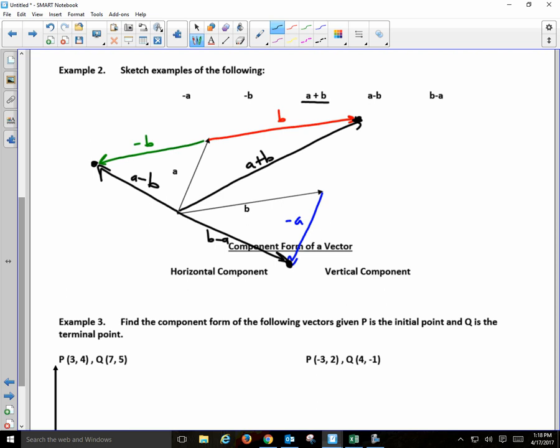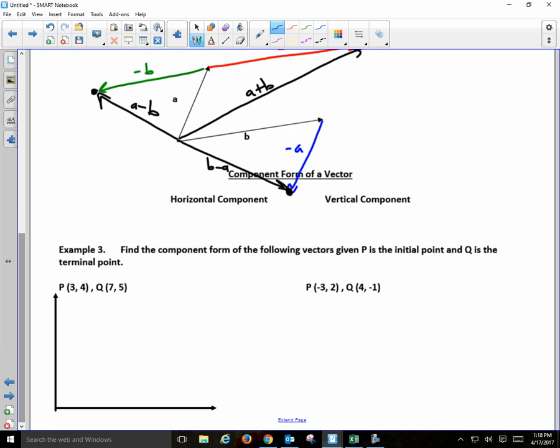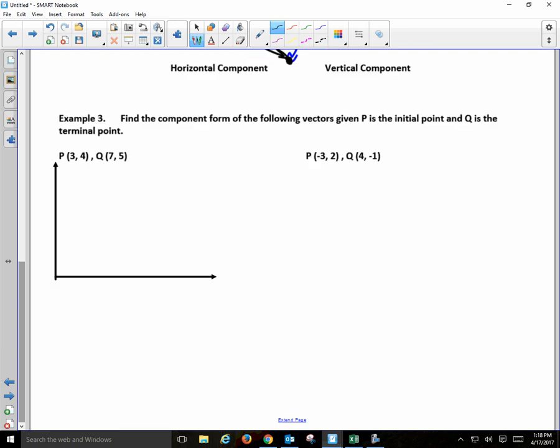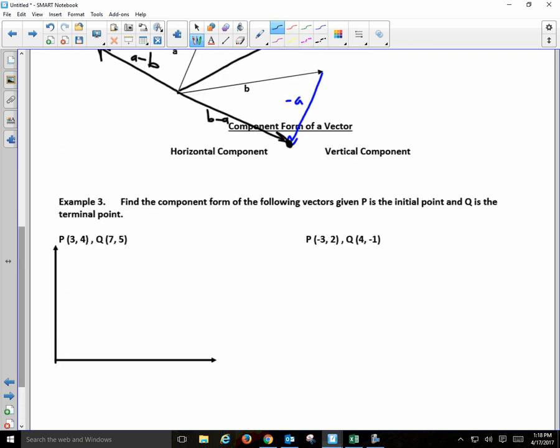Very good. So now let us go to the horizontal and vertical component form of a vector. We don't often write vectors with an initial point of P being (a, b) and a terminal point of Q being (c, d). Rather, we take the beginning point and the ending point and work them together, and we come up with a coordinate that has a horizontal component and a vertical component.